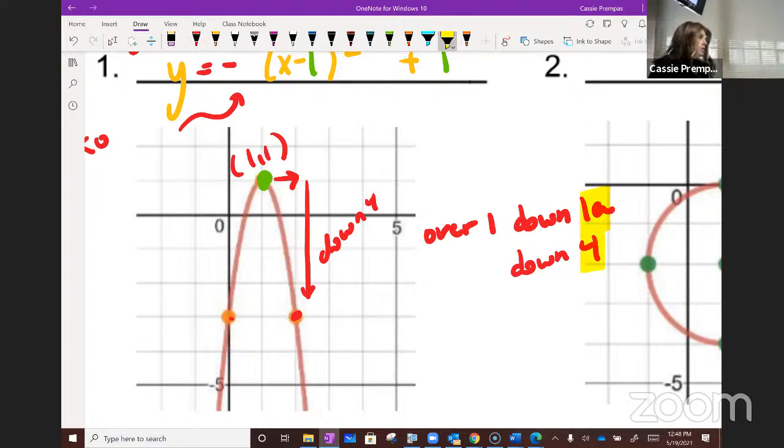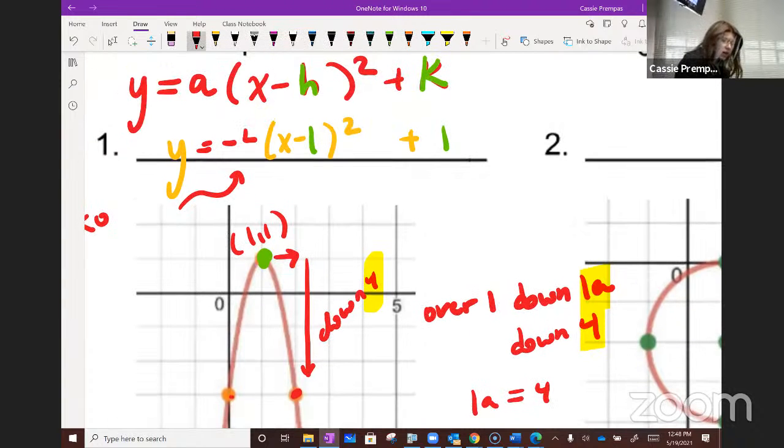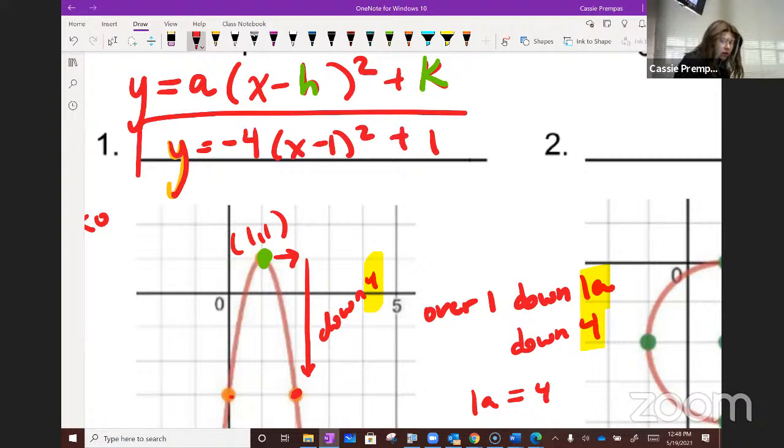So a has to equal negative 4, because you went down 4 units. There's a different algebraic way that you could solve for that, but using that pattern is pretty nice. However much you go down or up, that's the value of a. So a is negative 4, and this is my equation: y equals negative 4 times x minus 1 squared plus 1. All right, that's the parabola.